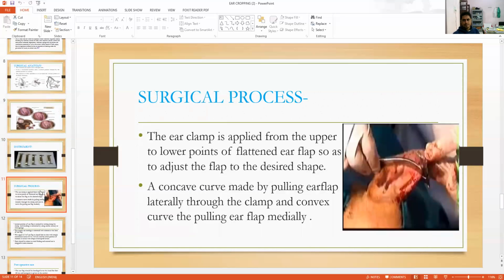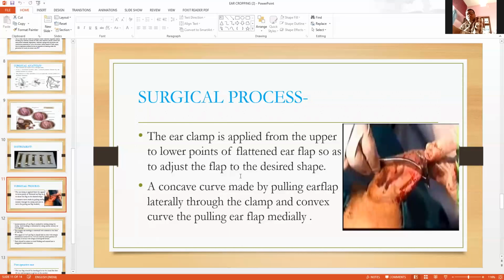Surgical process: before this, you apply the ear clamp recommended for the particular breed, from the upper to lower points of the ear flap, so as to adjust the flap to the desired shape. Whatever shape you are going to give to that particular ear, you apply the particular clamp there.